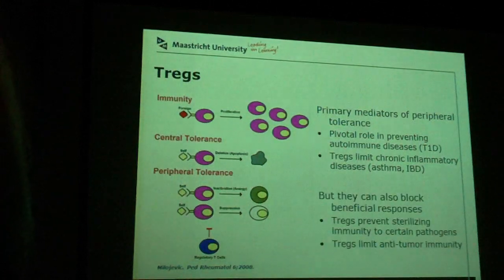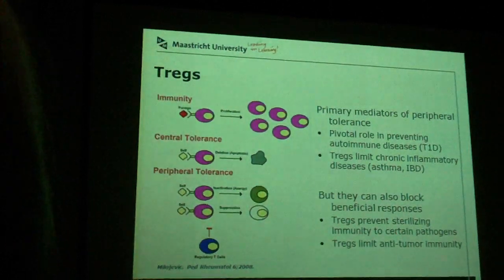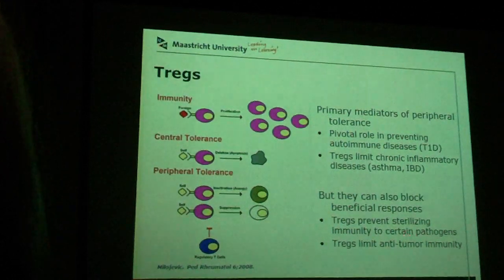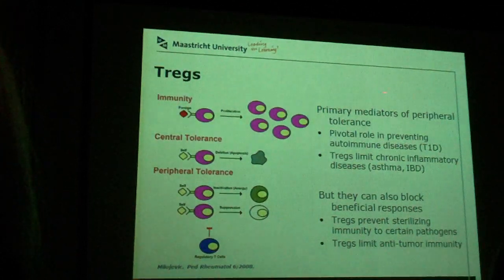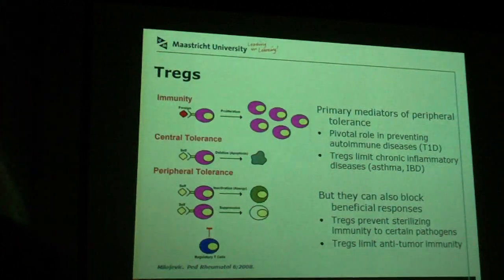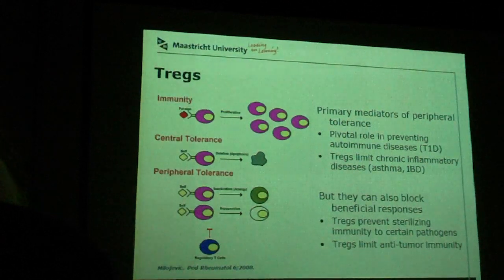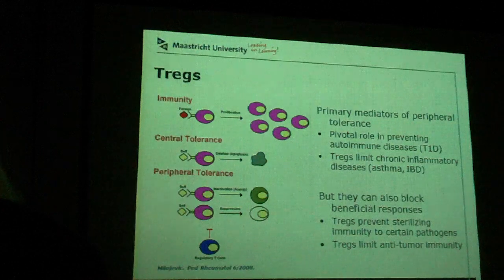But of course, they can also block beneficial responses. They can limit the response, for example, to tumors. They can also limit the response against pathogens, which you really need to combat. So we think they are primary mediators of peripheral tolerance, but if they function too well, if they have too good suppression, it can also interfere with your normal responses.